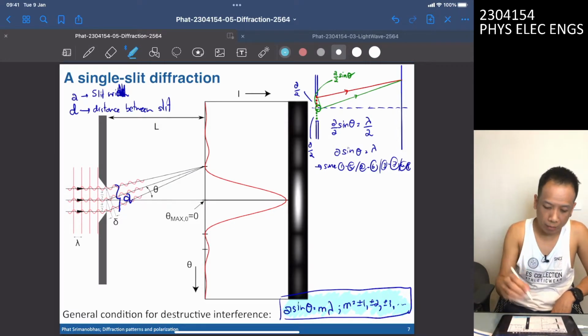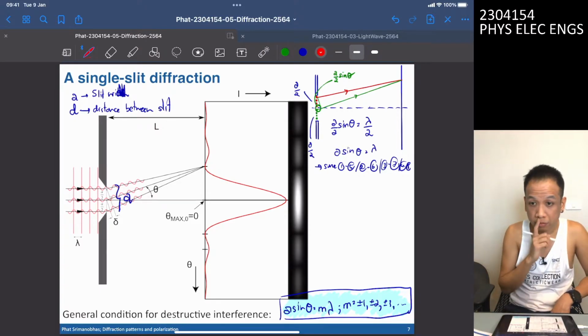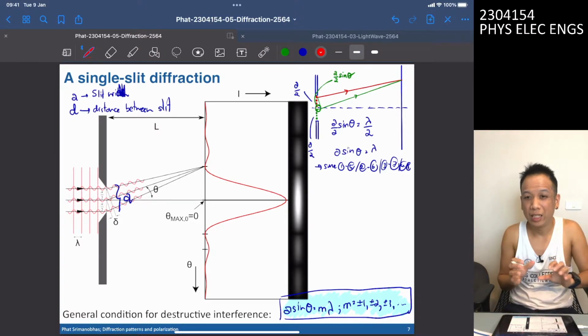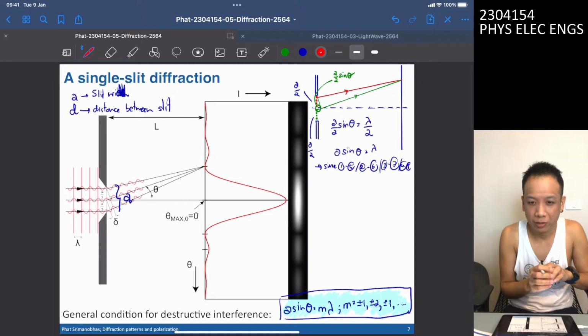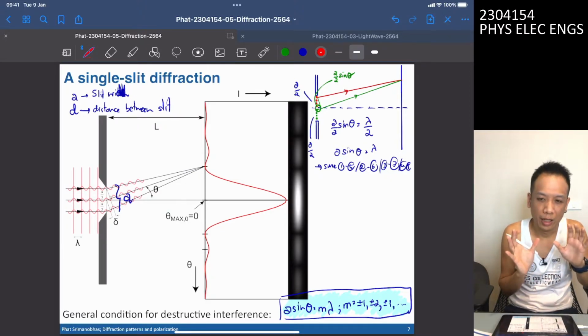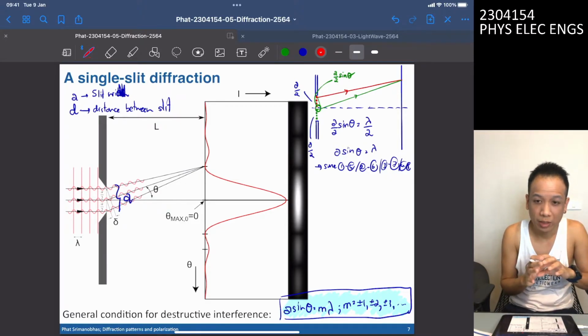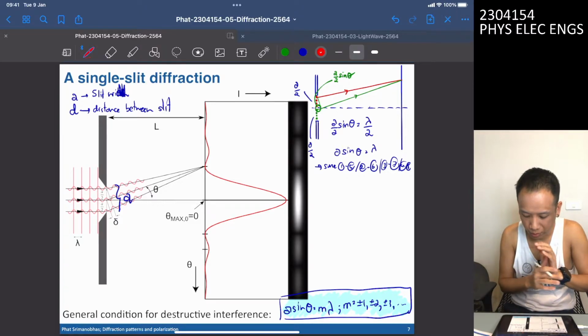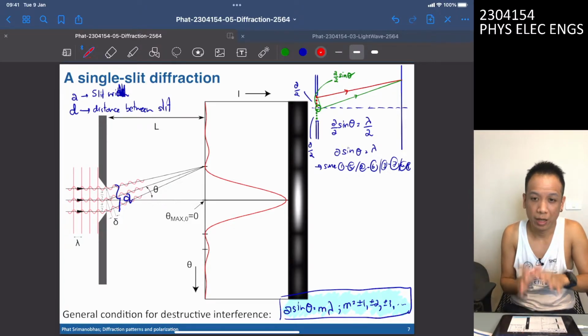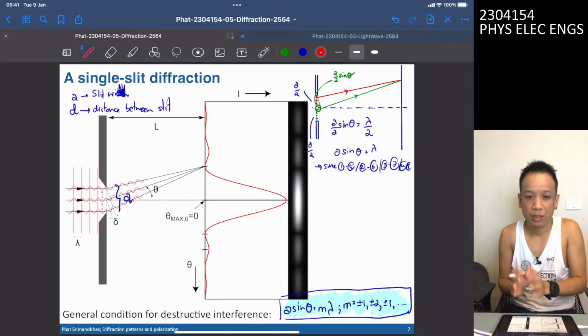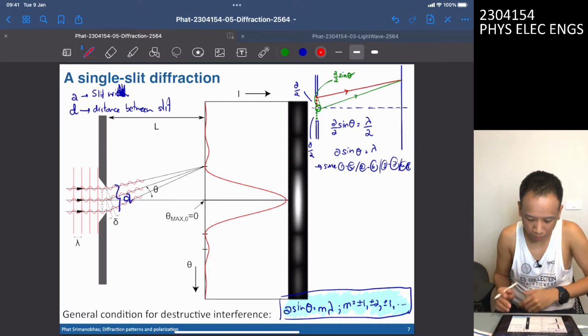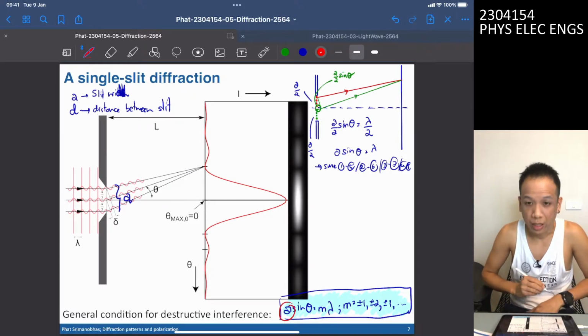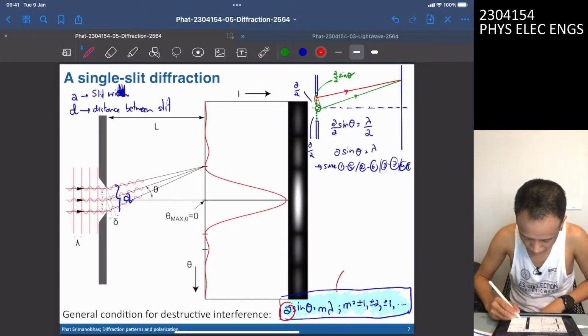And be careful, because the formula is very like the constructive interference in the double slit. It's very close, but it's different. Now we are talking about single slit diffraction, that's why I put the A here, and theta cannot be 0.